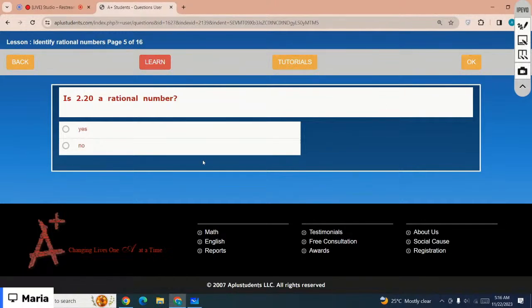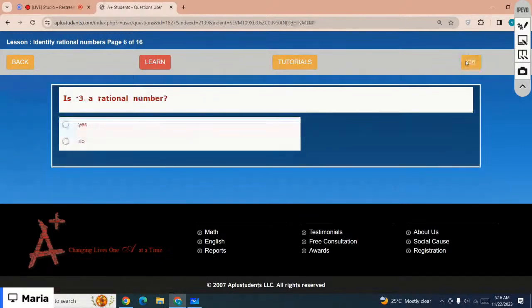The correct option is yes. Is negative 3 a rational number?